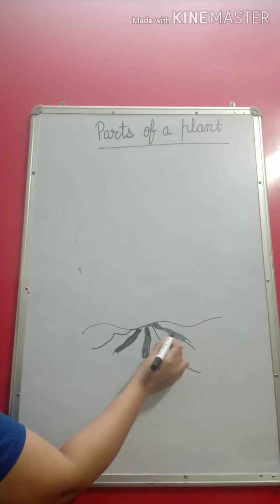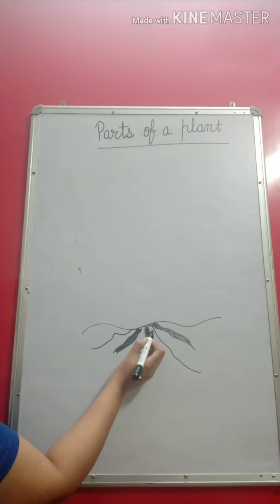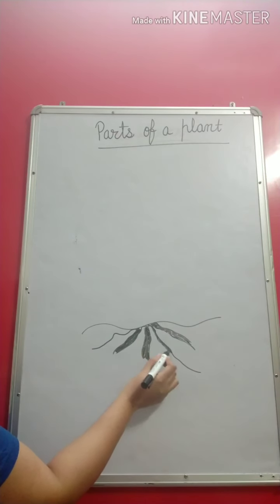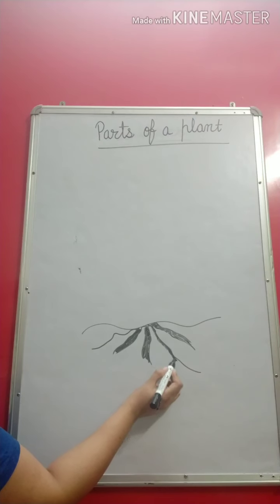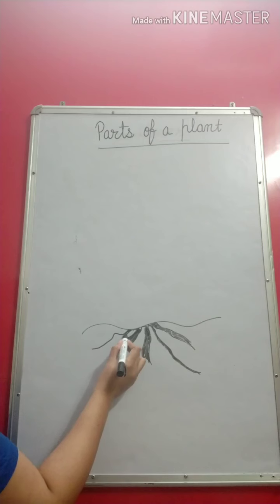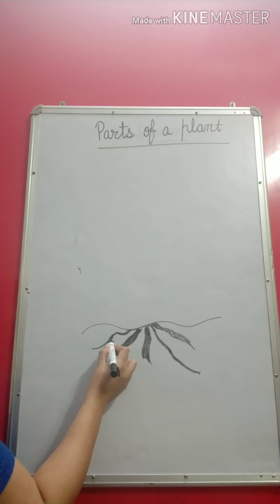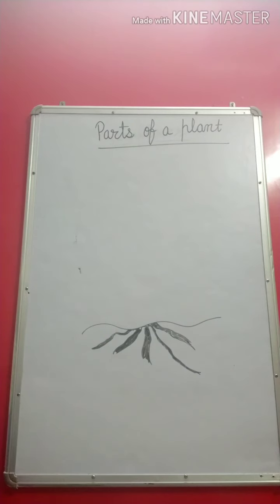And do you know what is the function of these roots? Roots absorb water and nutrients from the soil and transport it to different parts of the plant. So this is the way I have drawn a few roots here.